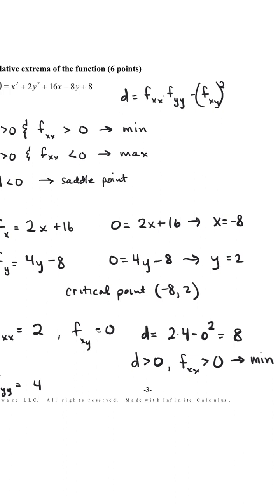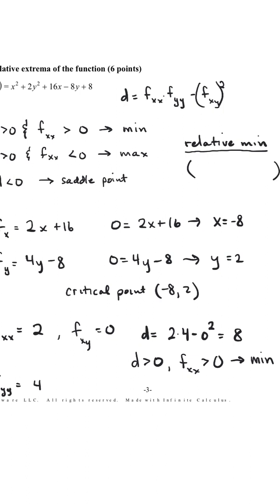So the final result is to say that the relative minimum, we know it's a minimum because the value of d is bigger than 0 and this second partial derivative is bigger than 0, needs to be given as a point in three-dimensional space.